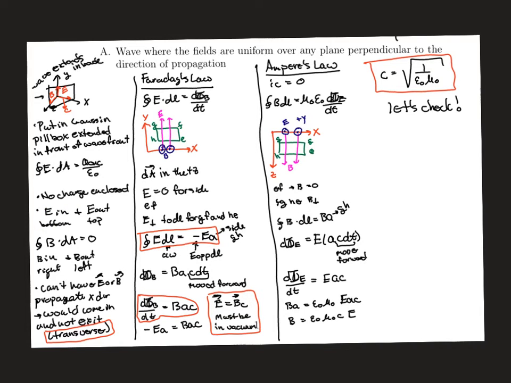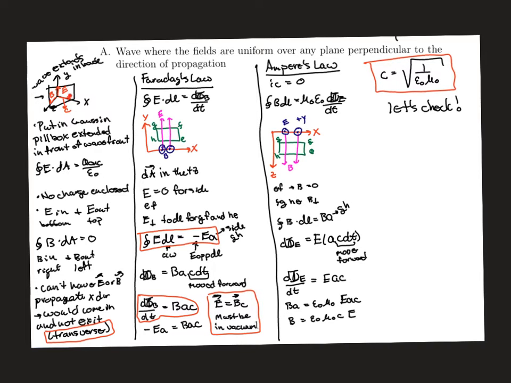The electric field is going to come in from the bottom of the box and go out the top of the box, so the electric flux is going to be 0 because we have in and we have out.